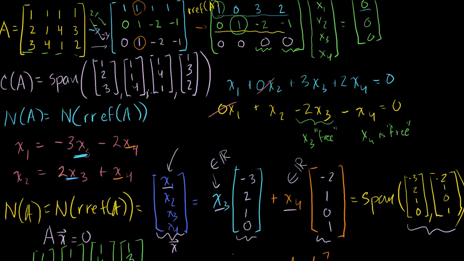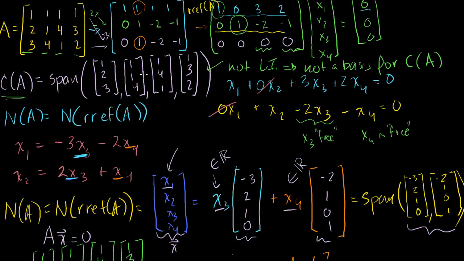A basis is a set of vectors that span a subspace, and they are also linearly independent. And we just showed that these guys are not linearly independent. So that means that they are not a basis for the column space of A. They do span the column space of A, by definition, really, but they're not a basis.